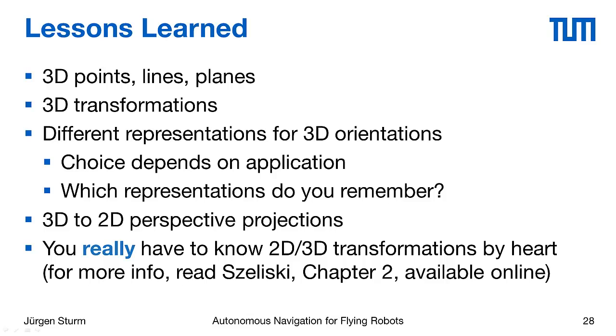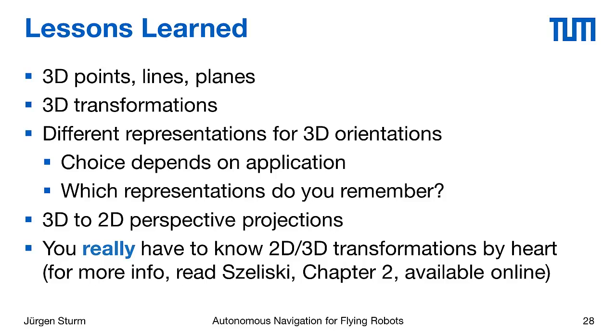Good. So to summarize the lesson from this video, we've looked at 3D points, lines, and planes. We've also introduced 3D transformations, in particular the Euclidean transformation that we will be using a lot in this course. And then we've looked at different representations for 3D orientations. And as we've summarized earlier, the choice greatly depends on the application that you're looking at.